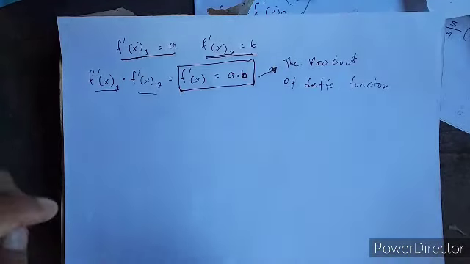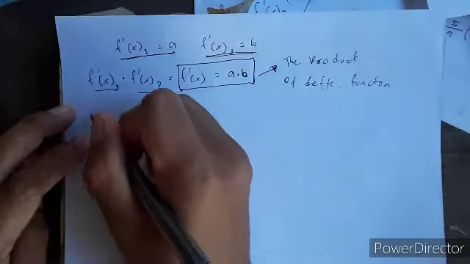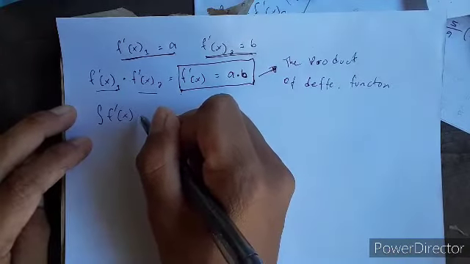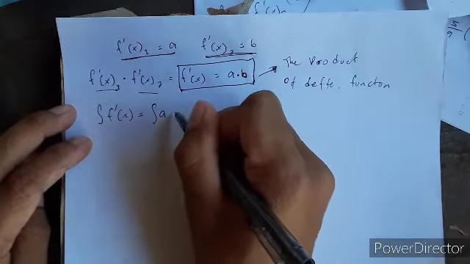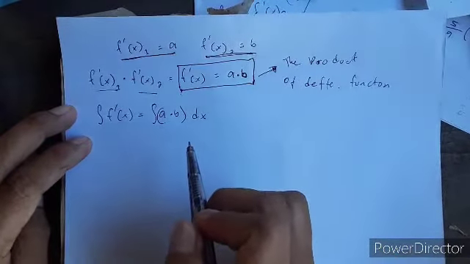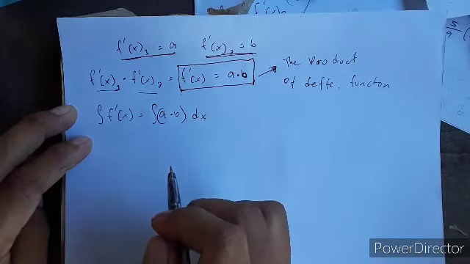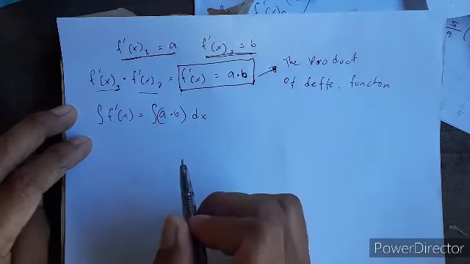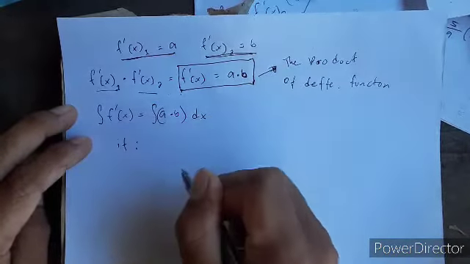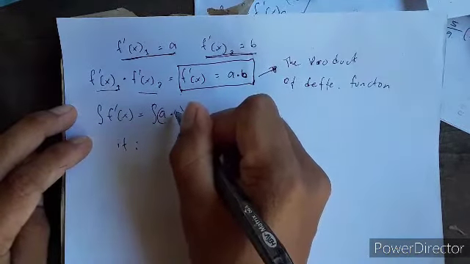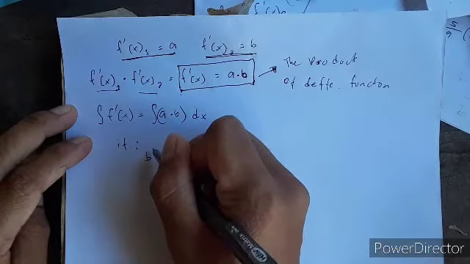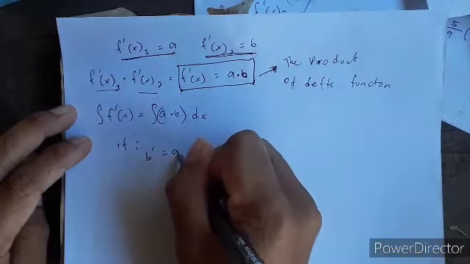So for example, if we are going to integrate this function, f of x is equal to the integral of a times b dx, where a and b are both functions, we can only use the power formula of integration for this kind of function if the derivative of the second function, for instance b prime, is equal to a, or vice versa.